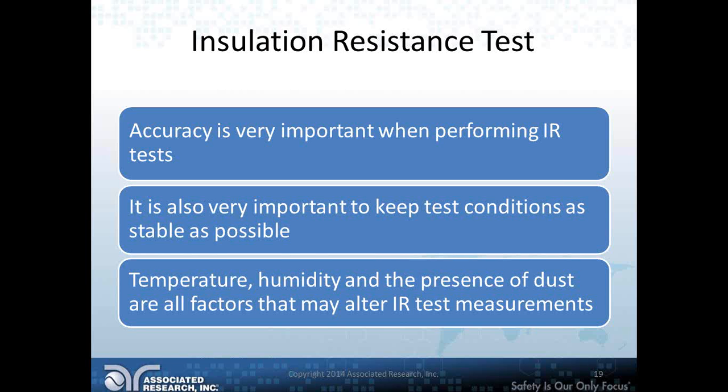Likewise, for every 10-degree decrease in temperature, we multiply the IR, the insulation resistance reading, by 2. Again, this is right out of the standards, and if you are performing your insulation resistance test in an environment where temperature is not stable, a good rule of thumb is to basically account for the temperature increase or decrease.